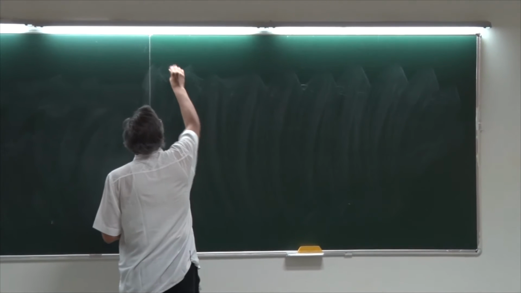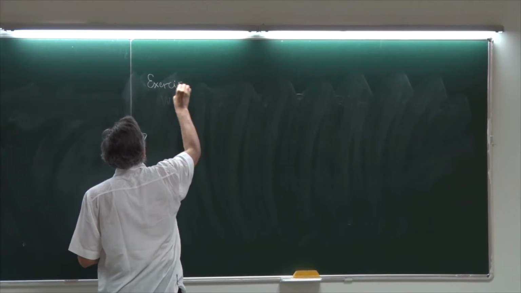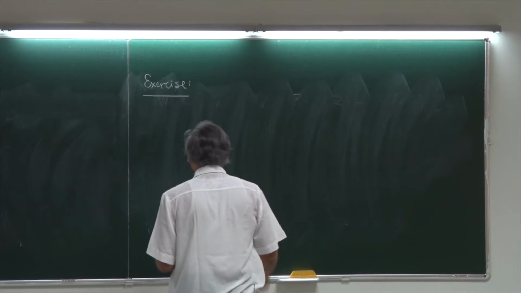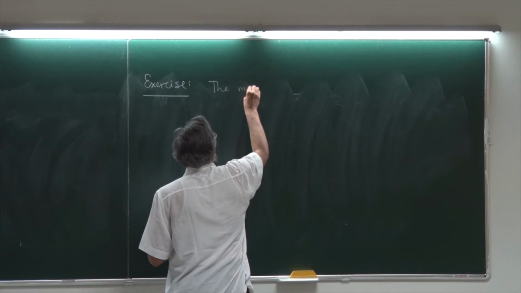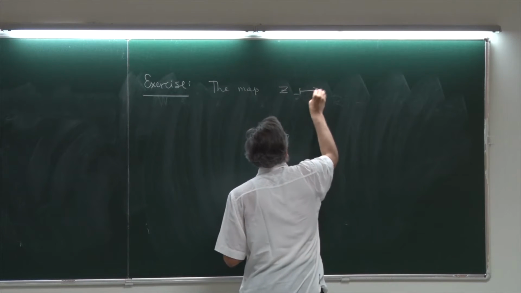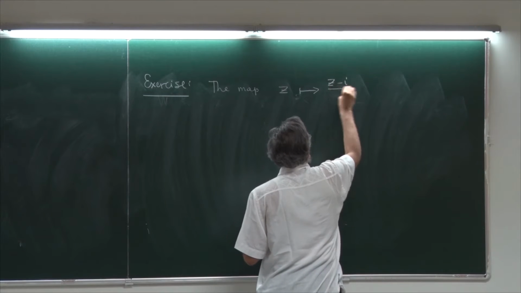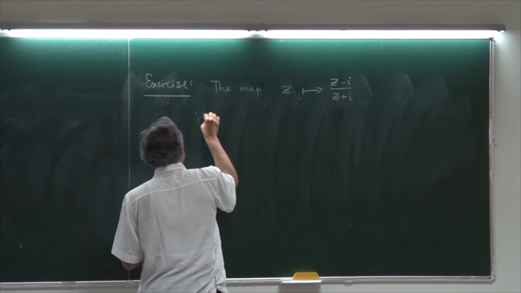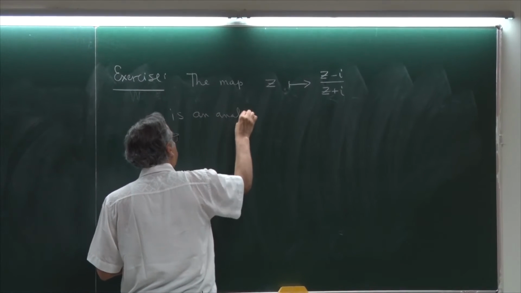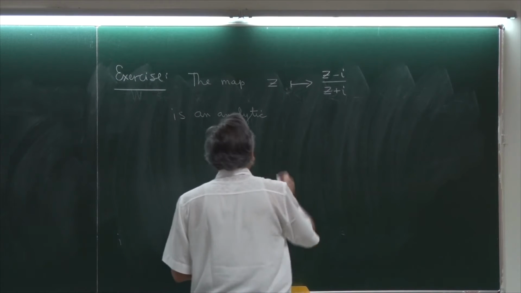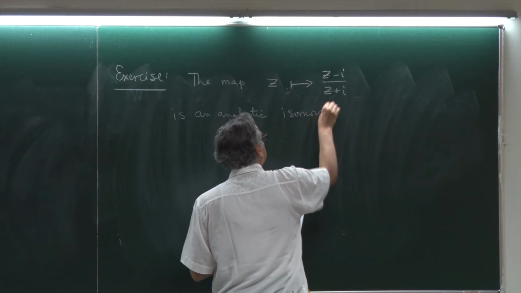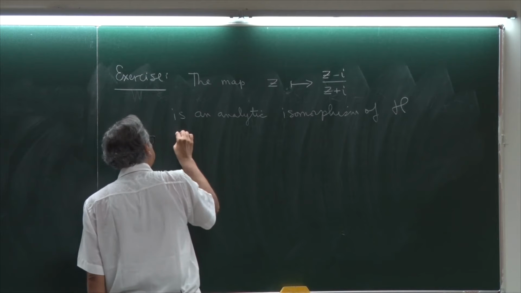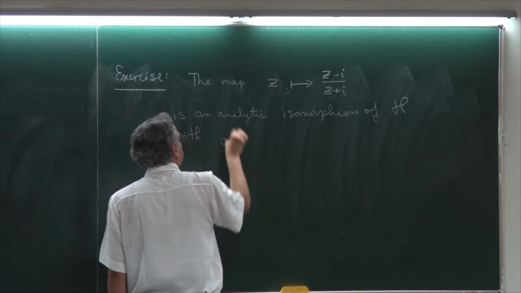Yeah, so I'll leave this as a following exercise, which you can perhaps discuss in the afternoon, and that is that the map z goes to (z minus i) over (z plus i) is an analytic isomorphism of the upper half space with the unit disk.